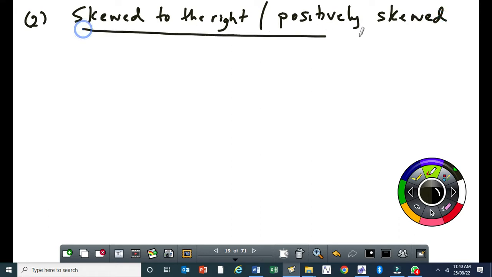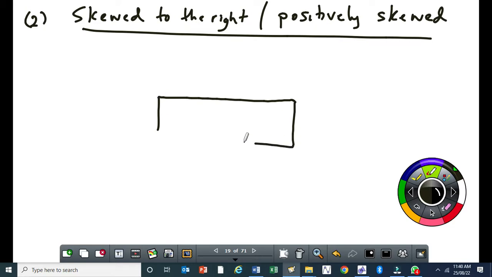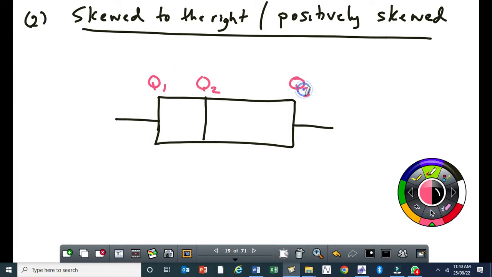Now, with this one, generally when it comes to the box, it will look like this. So your median is somewhere there, and we can have the whiskers. So we have Q1, Q2, and then Q3.